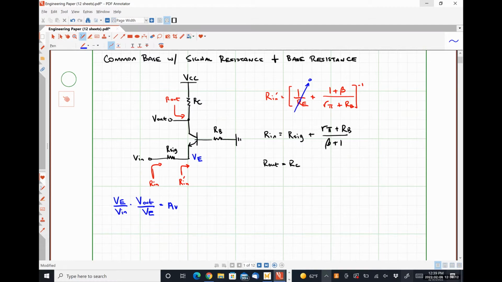That's what we've been doing. So let's start with that second part, Vout over VE, because that could be familiar.